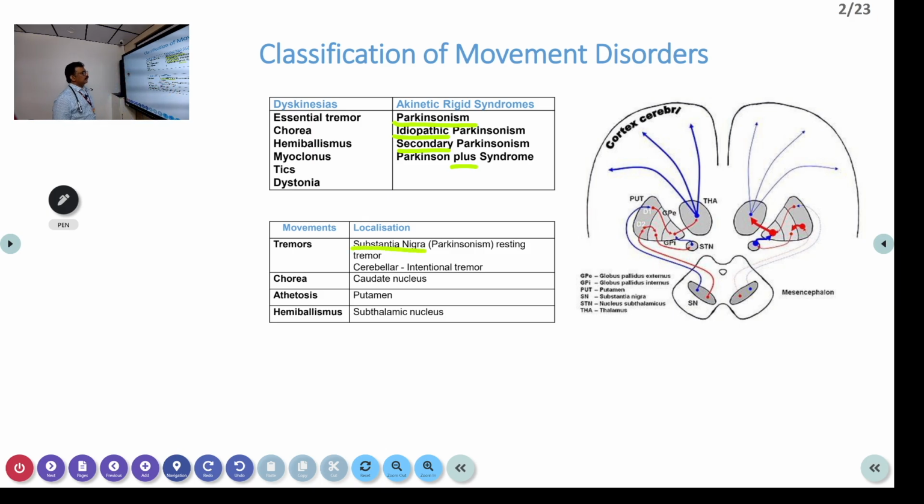That may not be associated with other findings, like a patient may not have pyramidal tract lesion, patient may not have autonomic dysfunction. But Parkinson plus syndrome means one more part in the neuronal system will be involved. So that is Parkinson plus syndrome.